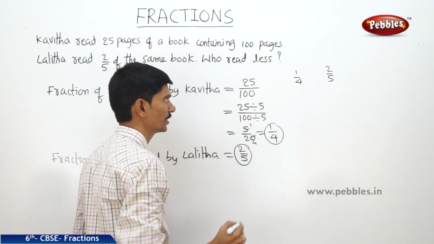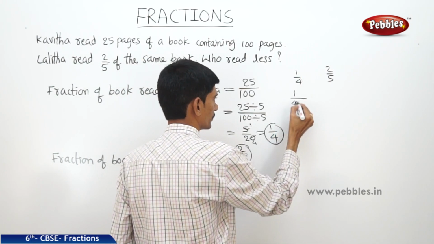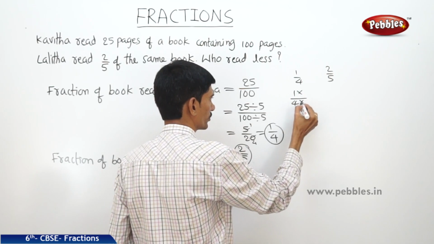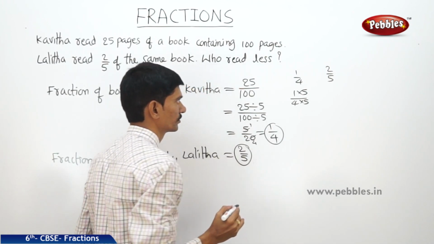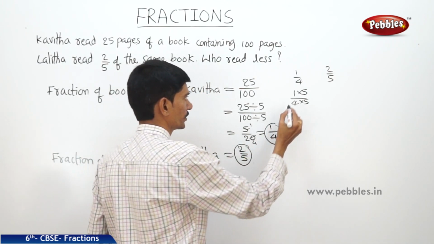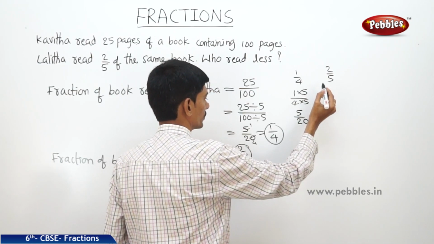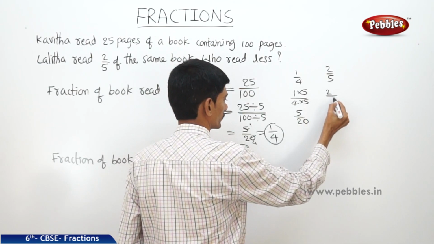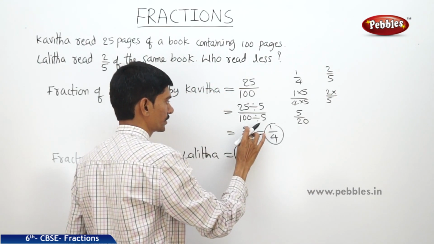To make the denominators equal, we multiply the numerator and denominator of 1 by 4 by 5. Then we get 1 5s are 5 by 4 5s are 20, which is the same fraction 5 by 20.